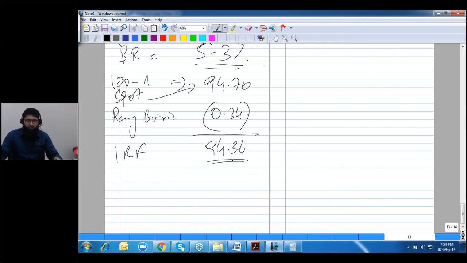Okay, do you people get it? 0.34 is the remaining basis.